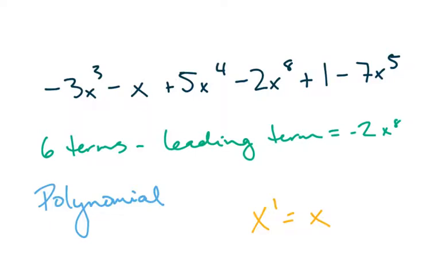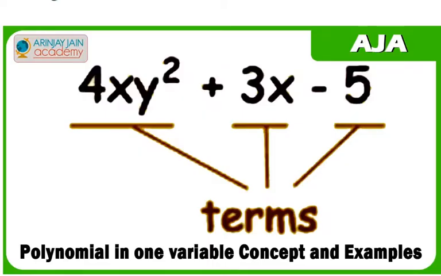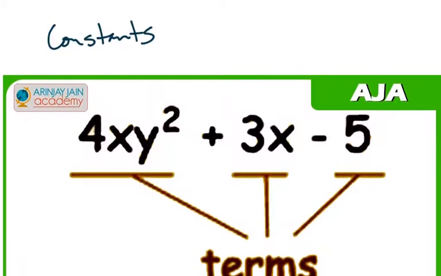Okay, so let me go back here, and I added this picture, excuse me. So I want to point out that in this picture, we have this is a term, and this is a term, and this is a term because they're separated by operations. I want to point out this word constant. Constants are numbers in a polynomial or in an expression or equation with no variable.